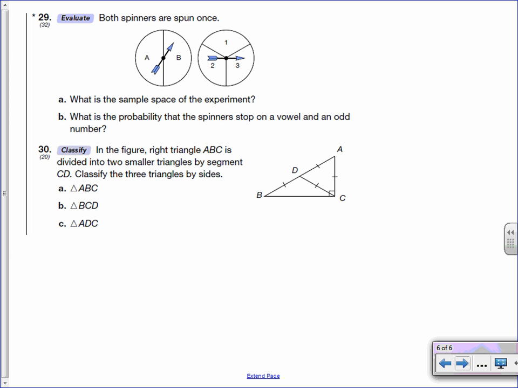Both spinners are spun once. What is the sample space of the experiment? Well, on the first spinner, we can either get A or B. On the second spinner, we can get 1, 2, or 3.